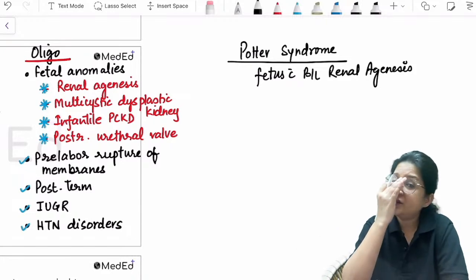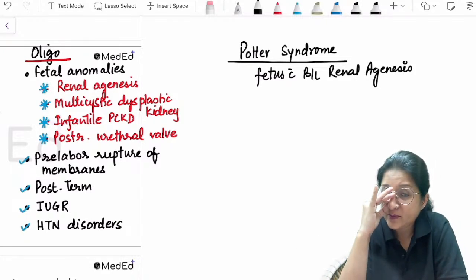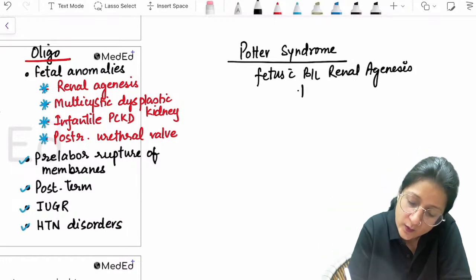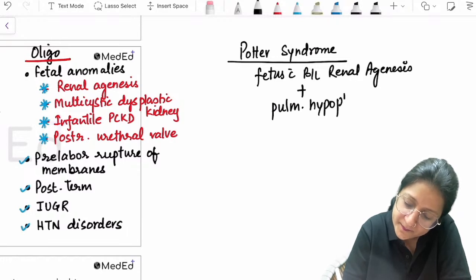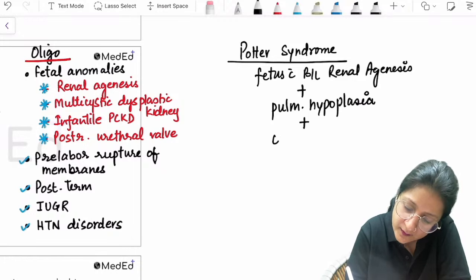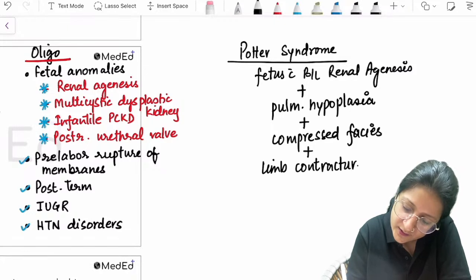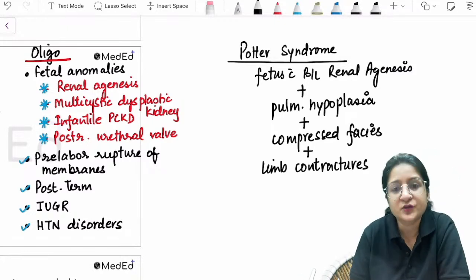So long duration of oligohydramnios in this situation with a fetus with bilateral renal agenesis. What else is there? There is pulmonary hypoplasia plus compressed facies plus limb contractures, right? Now this situation is called Potter syndrome, right?